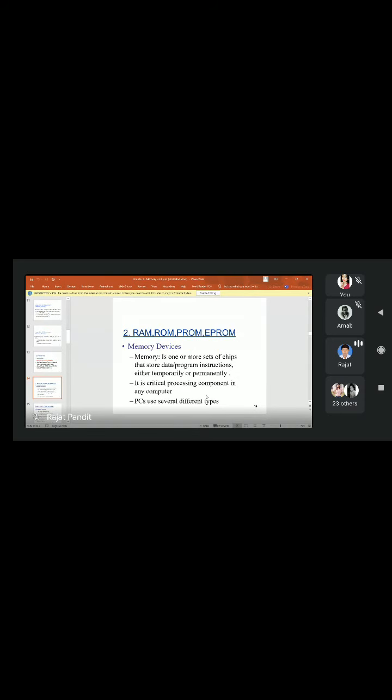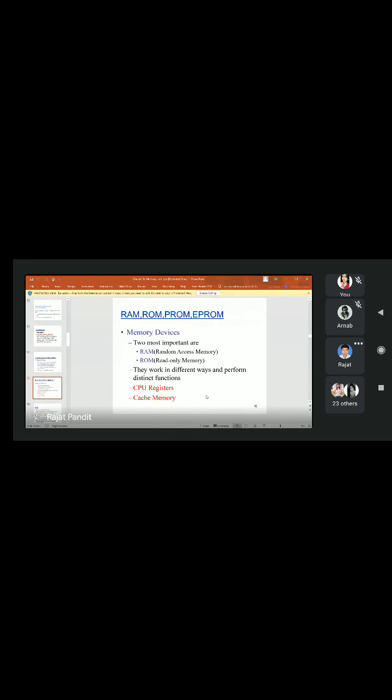So memory devices, RAM, ROM, are one or more sets of chips that store data, programs, and instructions either temporarily or permanently. It is a critical processing component in any computer. PCs use several different types of memory.